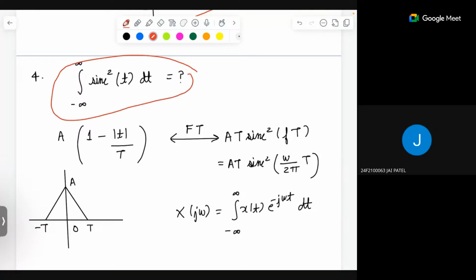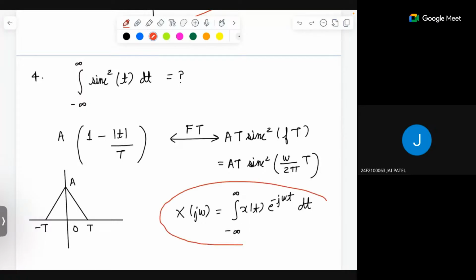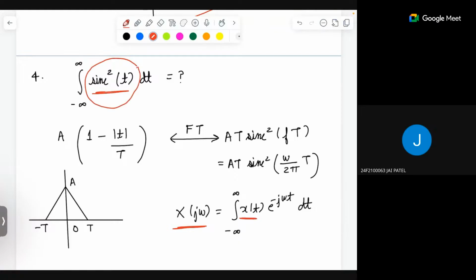Yes, that is clear, but in the question, second line, we put omega equal to 0 to get this integral, right? Okay, ma'am. So this is what it is. Now, sinc square t is x(t). To find this integral, you will need capital X of 0, the value of the Fourier transform of this at omega equal to 0.